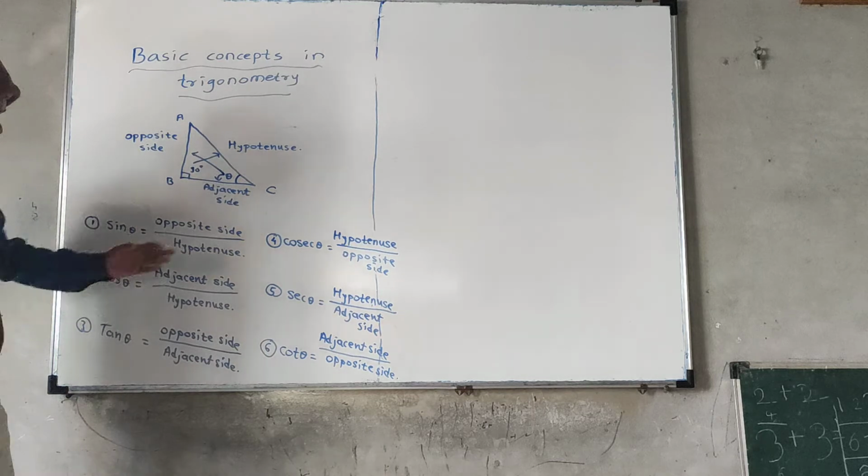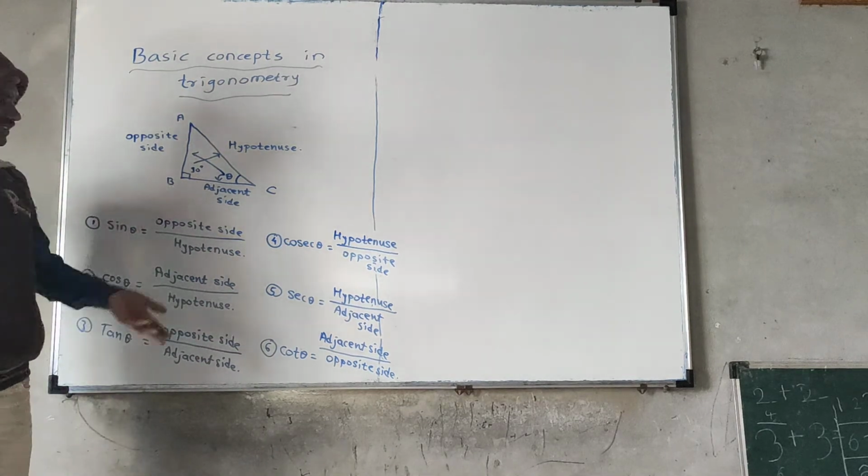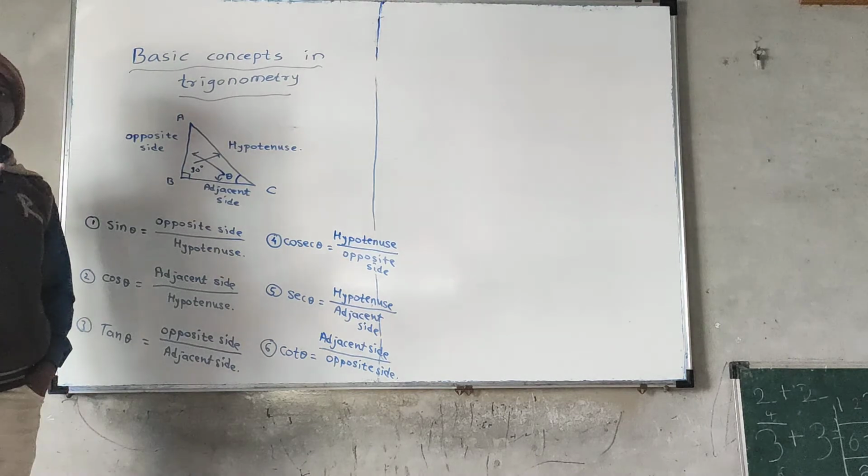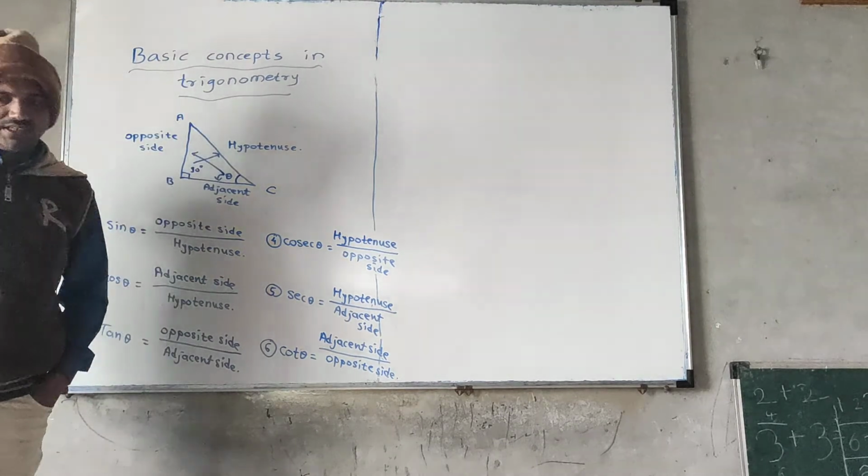We learn about these 6 trigonometric ratios. The next concept is the relationship between these 6 trigonometric ratios.